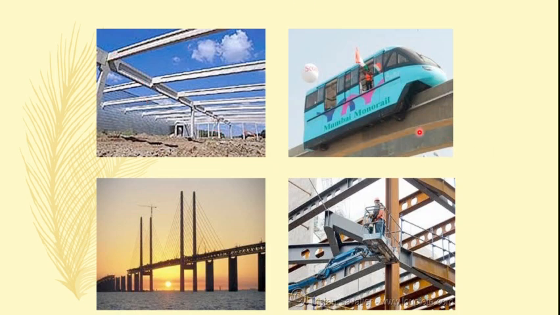This one is also a concrete beam, this one is a beam which is used to construct a bridge. You can see a lot of beams are used in a structure. These beams are actually used to carry the load.